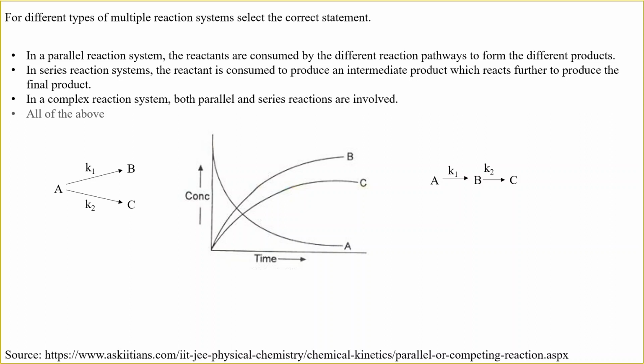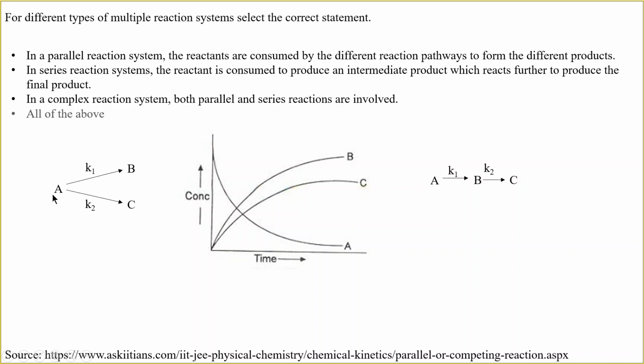In a parallel reaction system, the reactants are consumed by the different reaction pathways to form different products. So the first one is asking us that in a parallel reaction system, that is the left-hand side reaction, the reactants are getting consumed by different reactions.